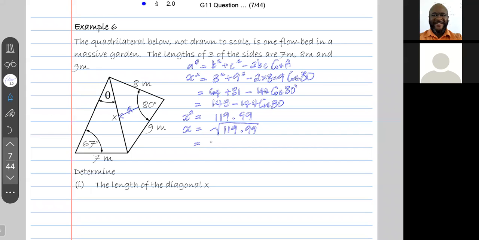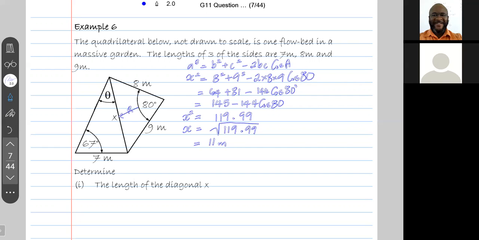So I could say that this is approximately 11. X is 11 meters, because if you round 10.95 to 3 significant figures, it is 11.0. So X is 11 meters.